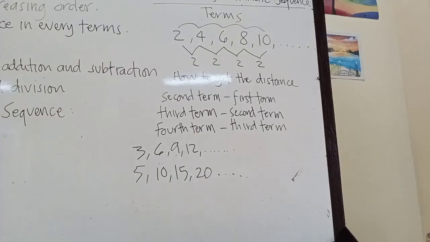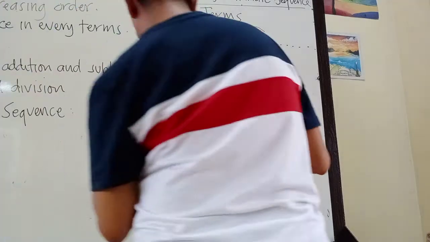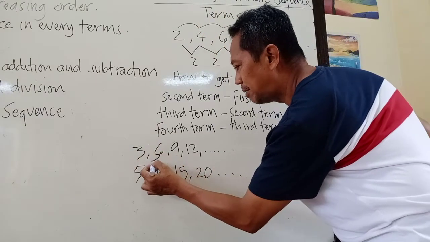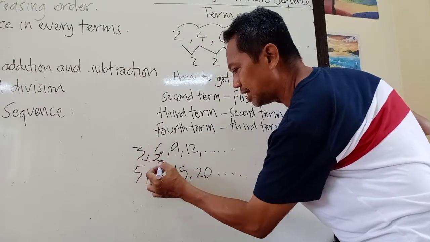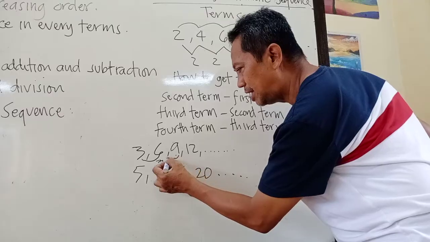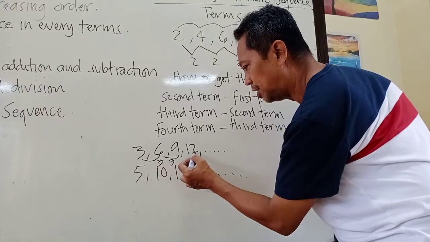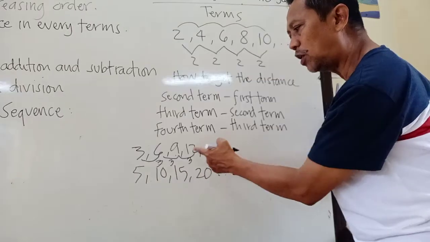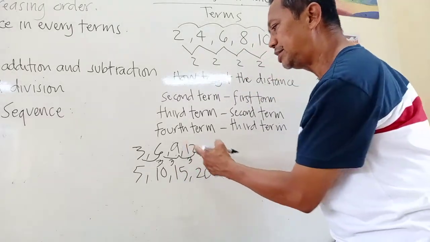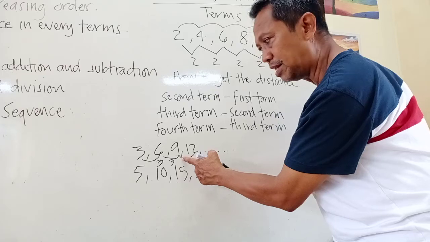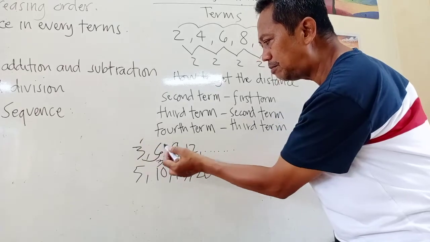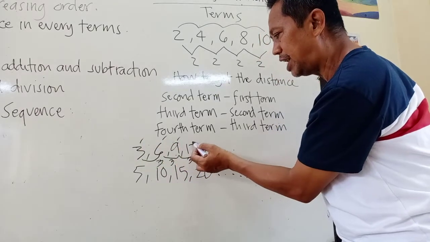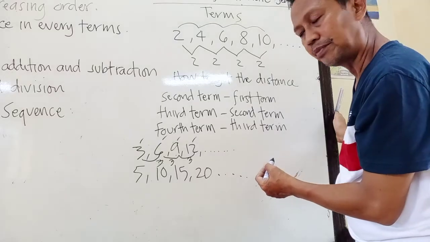My question is, what is the constant distance? 6 minus 3, 3. 9 minus 6, 3. 12 minus 9, 3. So the constant distance of this sequence is 3.